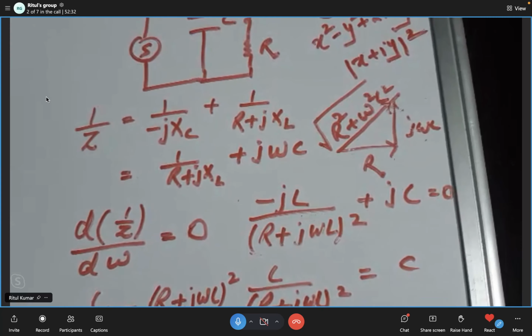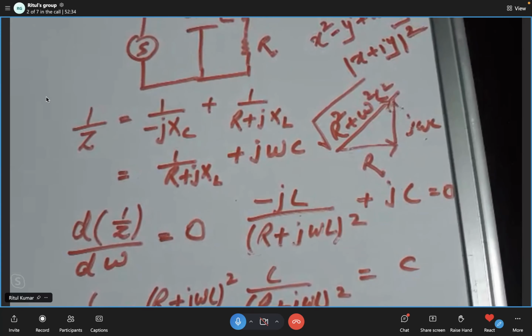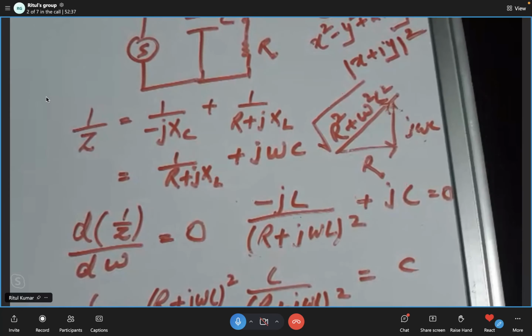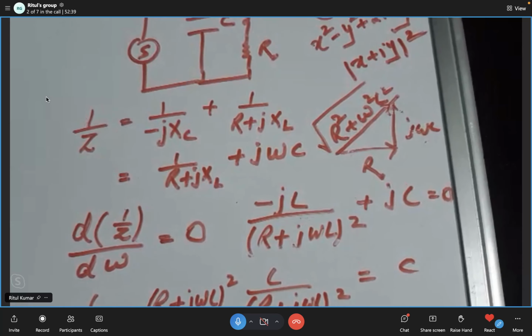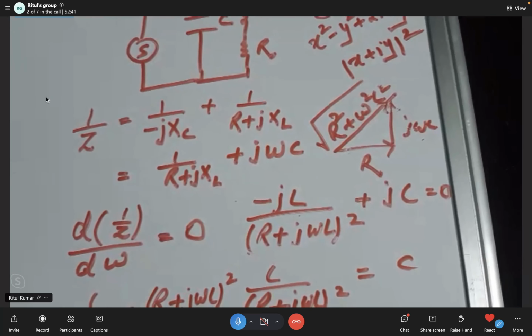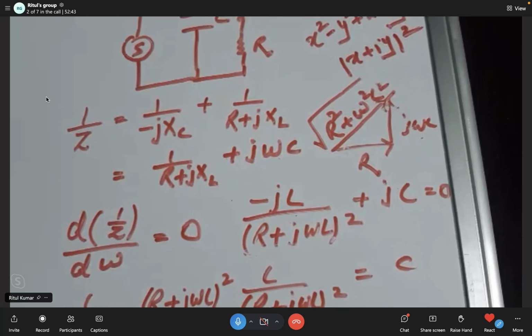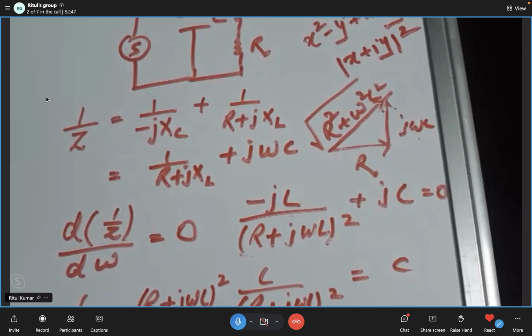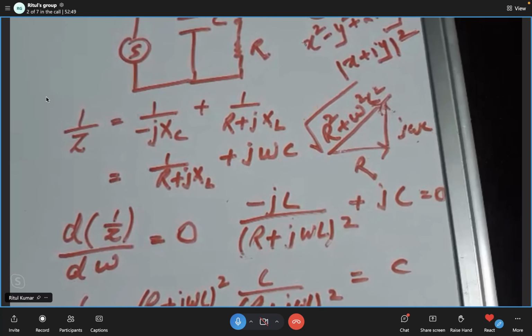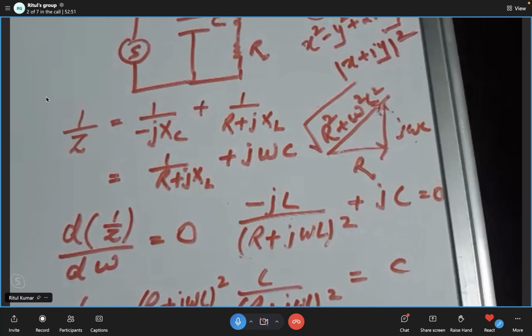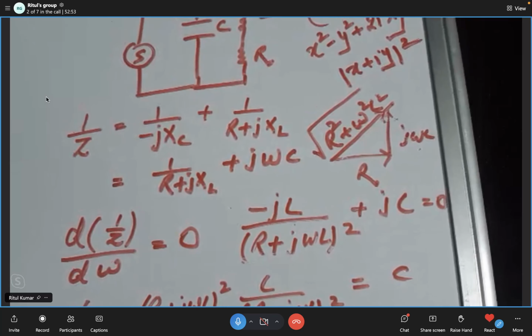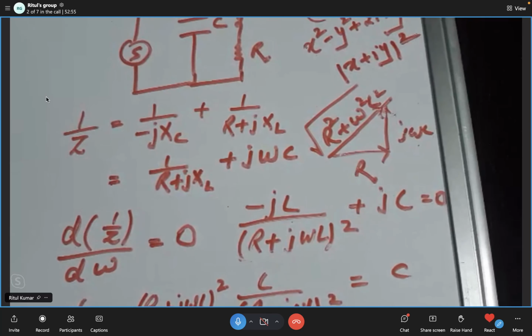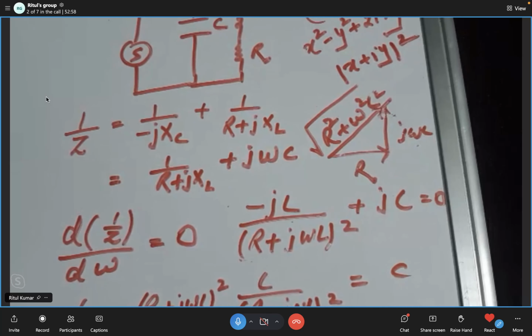They are asking for the effective value of fed current at resonance. So won't it just be V by Z? Yeah, that's V by Z, right? Yeah, that's what we have. And what about the current flowing through the coil and through the capacitor?